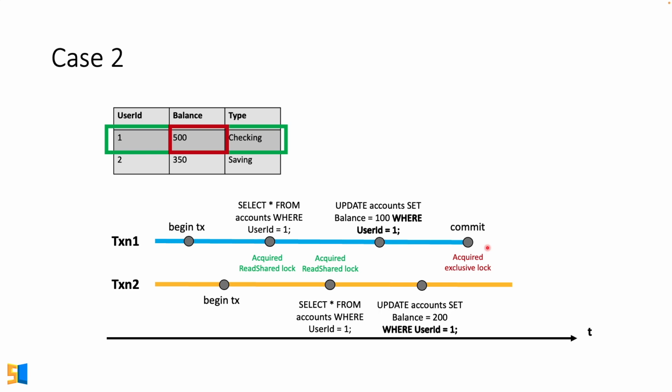If you remember the wound-wait algorithm, the higher priority transaction will wound the lower priority transaction. So after it commits, it will abort the lower priority transaction. So transaction 2 will be aborted. In this case, you should use a retry mechanism to retry transaction 2.